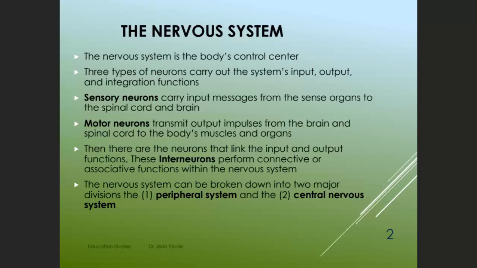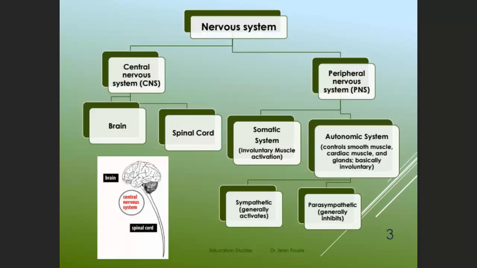So there are interneurons. These are the neurons that link the sensory neurons and the motor neurons, and they have a connection or an associative function within the nervous system. The nervous system can be broken down into two main components: the central nervous system, abbreviated as CNS, and the peripheral nervous system, the PNS.